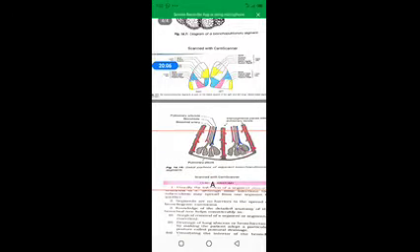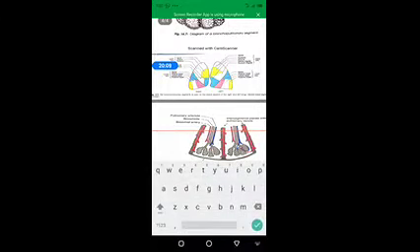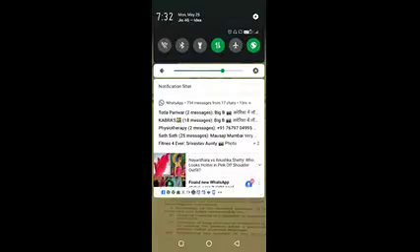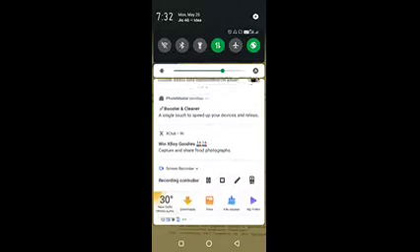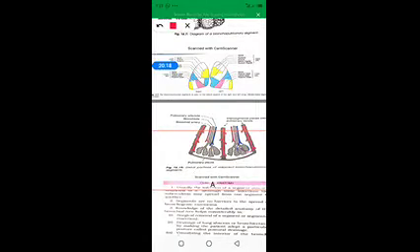You can see the pulmonary arteries, the bronchioles, the sacs, alveoli.